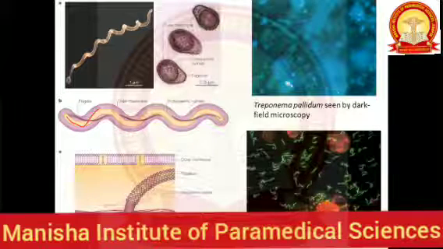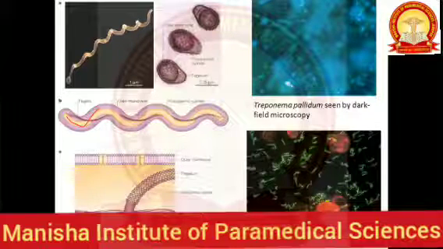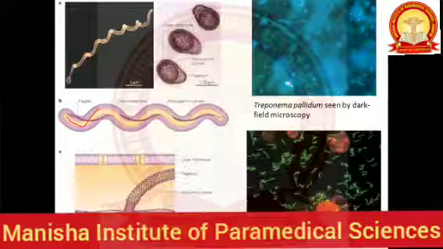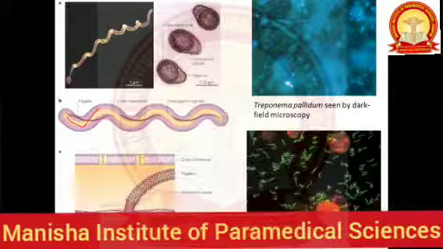This is really important for their movement, because if they produce flagella from one end and it is not attached to the other end, then this type of coiling structure cannot be achieved.